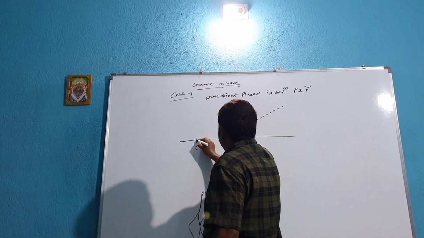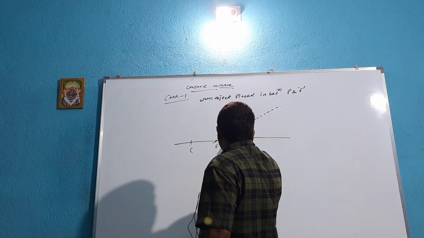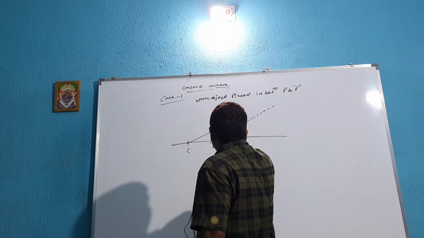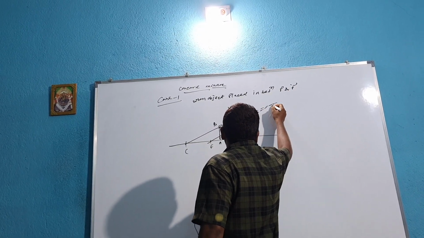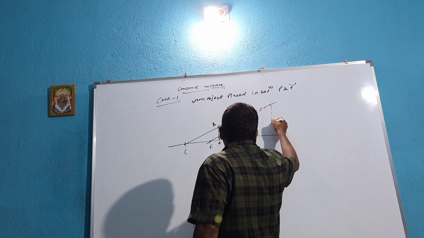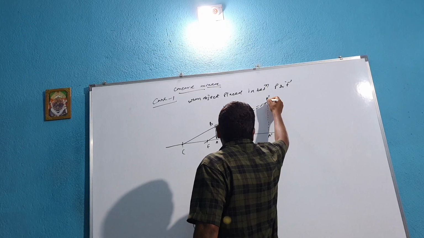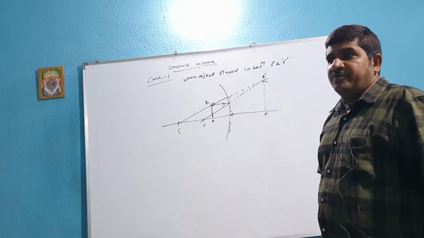And second line we draw through center of curvature to this. This is A, this is B. Here a dotted line is drawn because this is virtual.